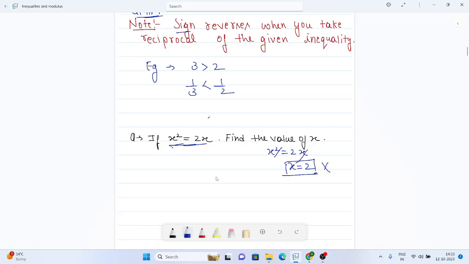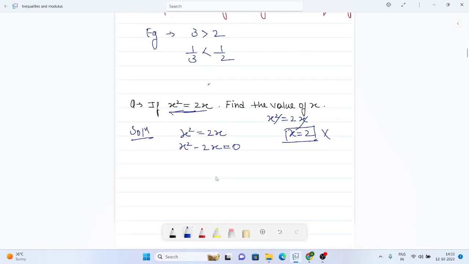So when this type of equation is given, you have to solve it like this. First you take all the variables on one side, so you write x square minus 2x equal to 0, and if you take x common, you get x times x minus 2 equal to 0.